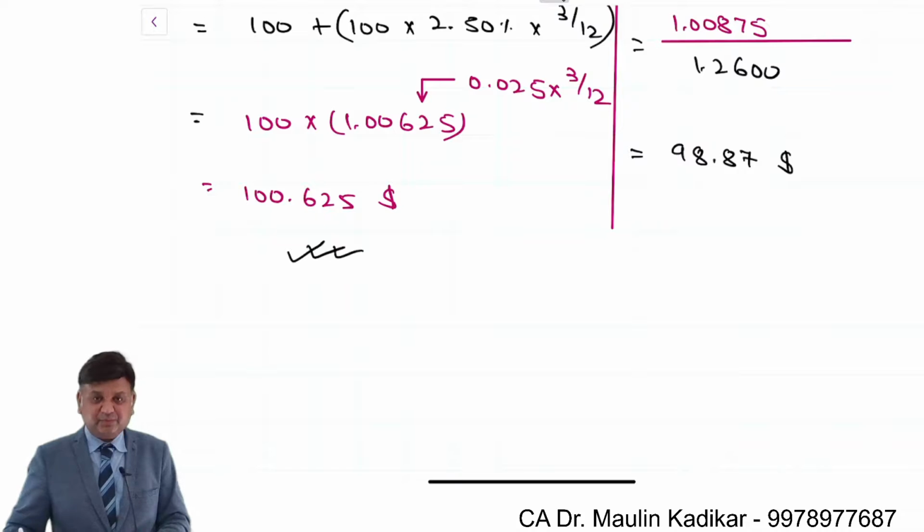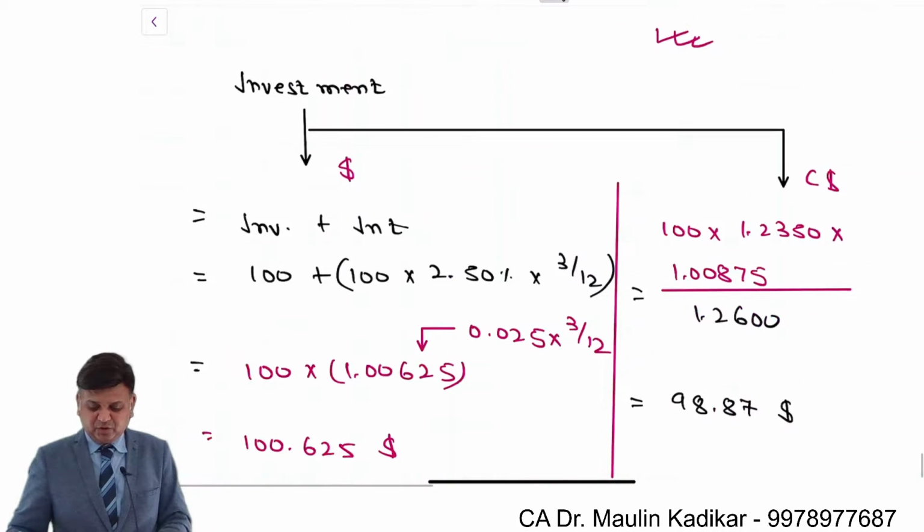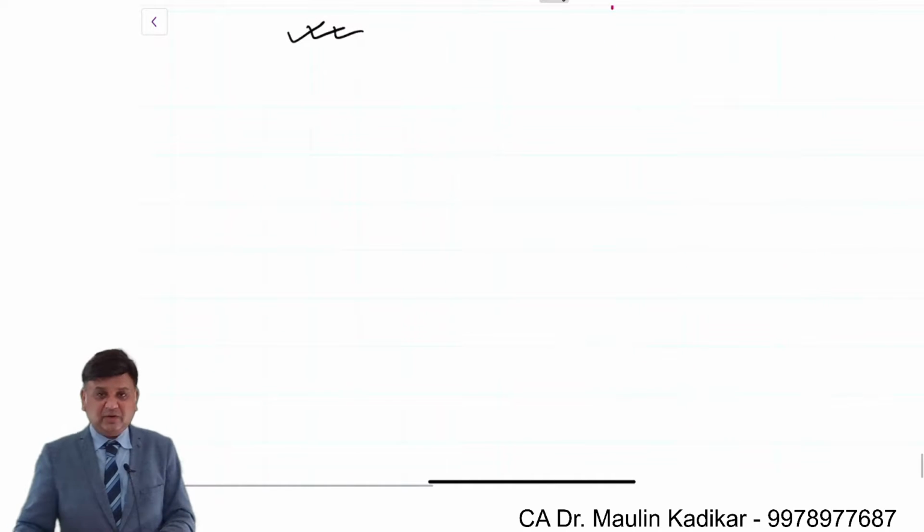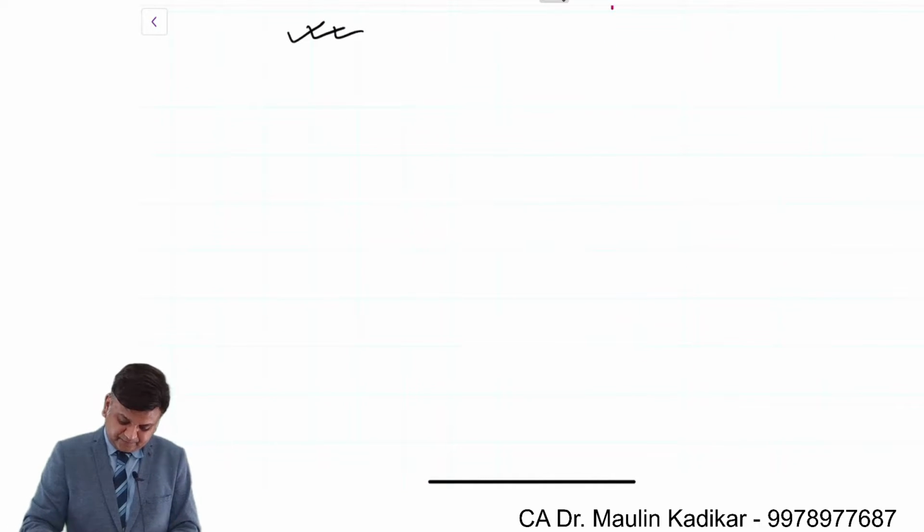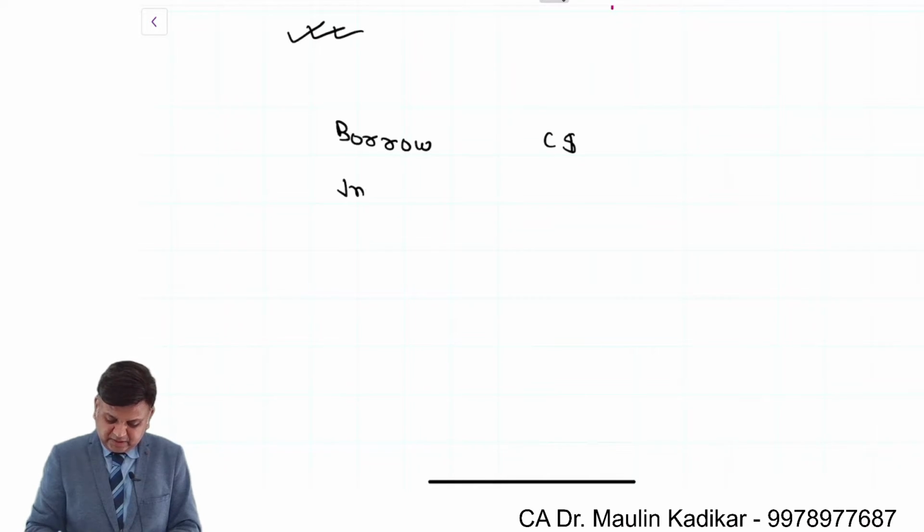So if you are supposed to invest, you should invest in dollar currency. And if you want to borrow, then borrow in Canadian dollar currency. So you should borrow in Canadian dollar and you should invest in dollar currency.